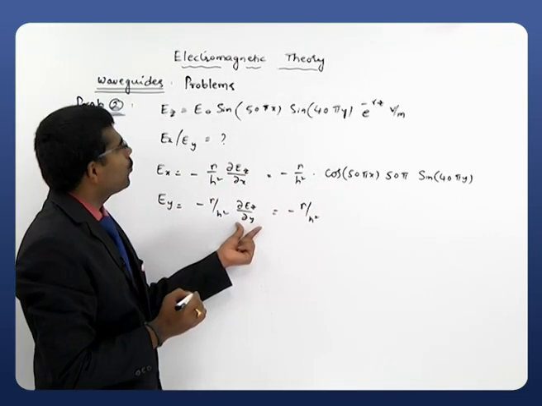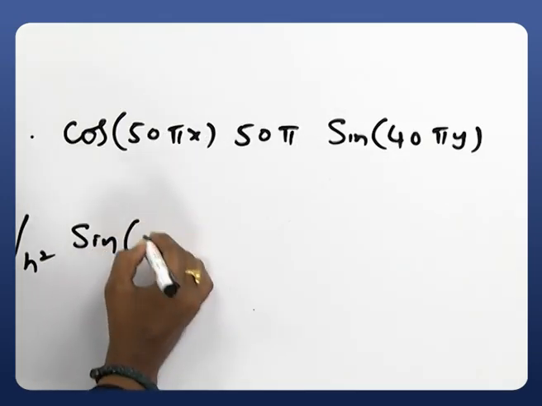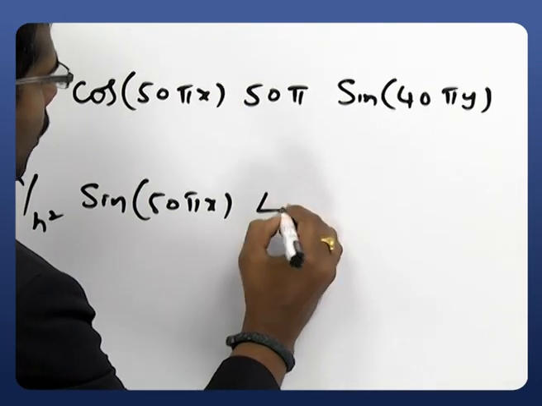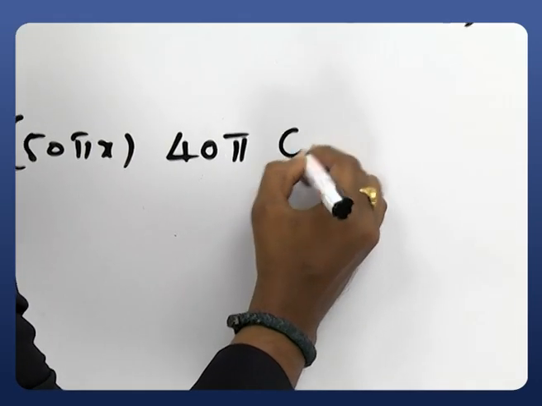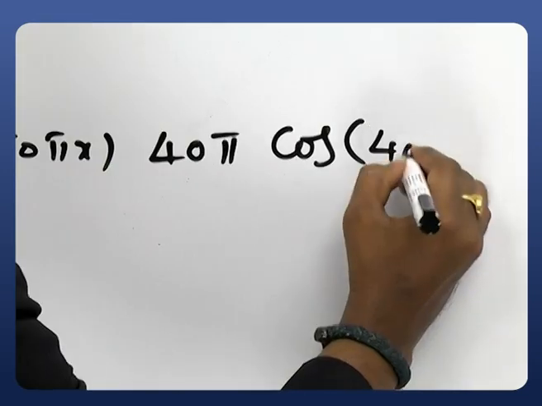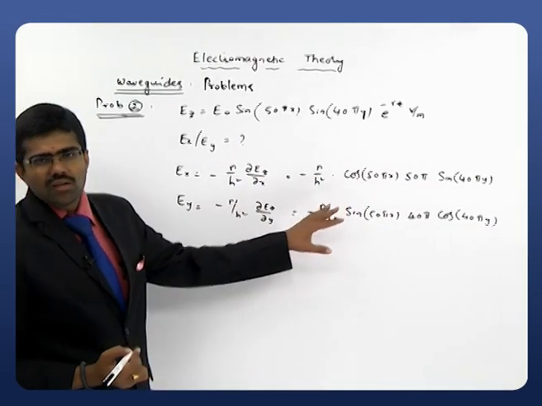This is with respect to y, right? So the first term remains as it is, sin 50πx, and for this one you will get 40π as the internal differentiation, and as this is sine, you will get cos 40πy. So the remaining terms can be left.